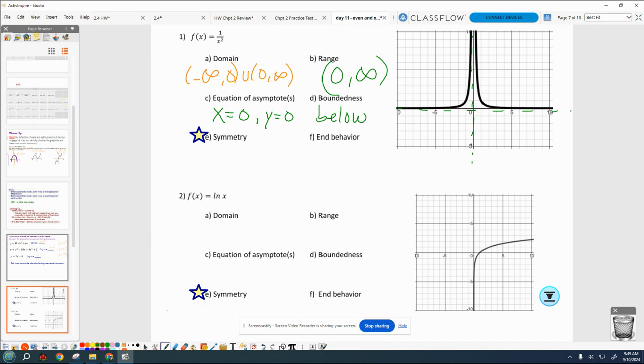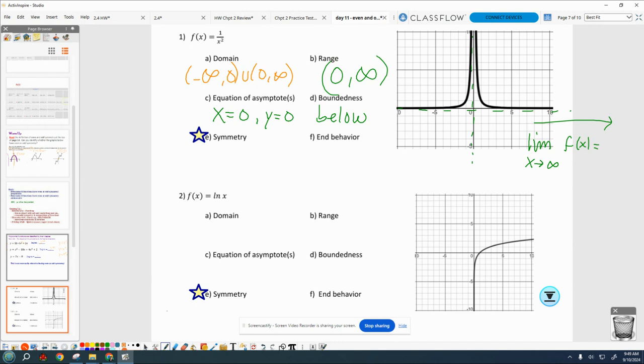End behavior. Sonia, how do I do right end behavior? Well, right end behavior starts from 0 and goes to infinity. Okay.